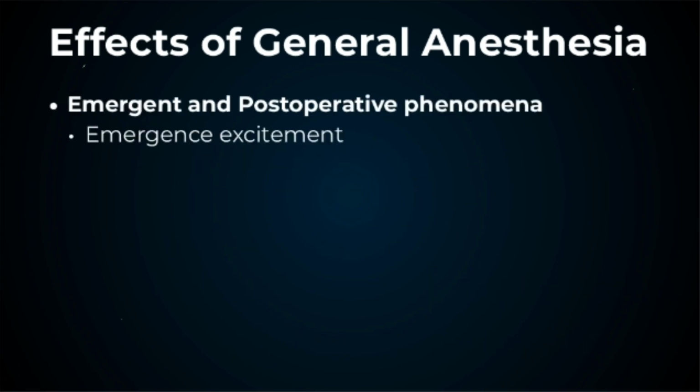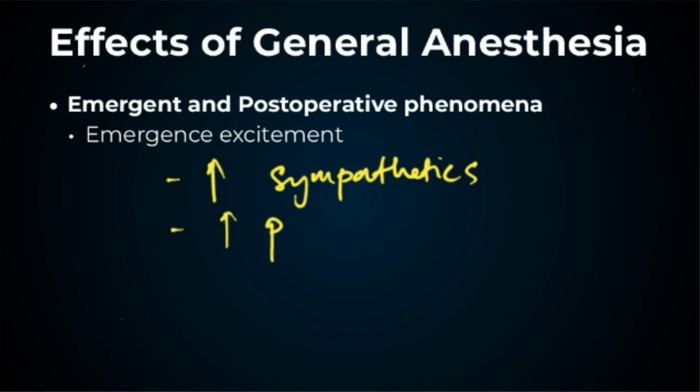Also very important is knowing the effects of general anesthesia causing emergent and post-operative complications. There is what we call the emergence excitement: the regain of central nervous system sympathetic tone, the return of pain sensation, tachycardia, restlessness, crying, moaning, thrashing.